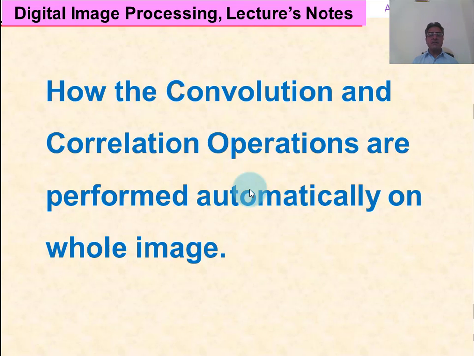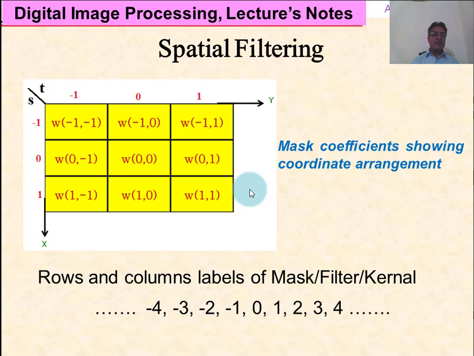Previously we performed the convolution and correlation operation on a single pixel, but now we will mathematically perform a procedure with two loops which will control the rows and columns of the input image and perform the convolution and correlation operation on the input image. Actually, spatial filtering.